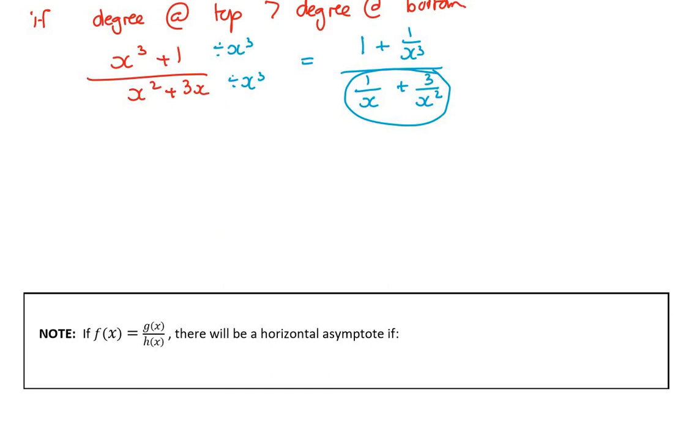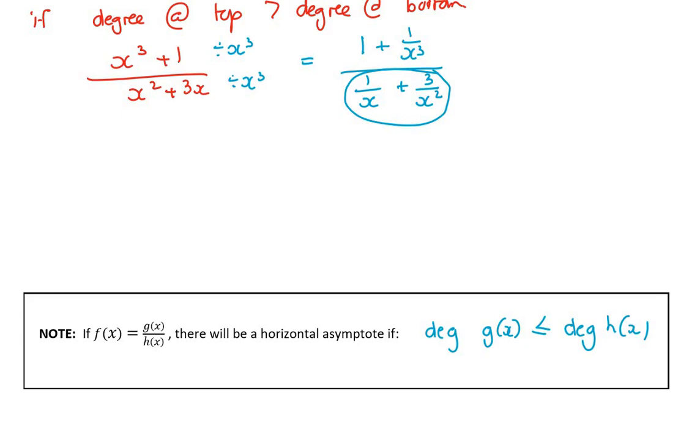Note, if f(x) = g(x) over h(x), you've got two functions, one at the top, one at the bottom. There will be a horizontal asymptote if the degree of g(x) is less than or equal to the degree of h(x). So the bottom has to have an equal or higher degree than the top.